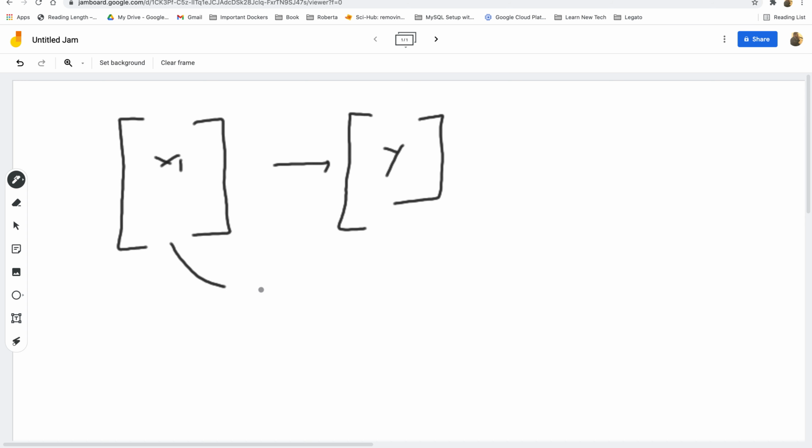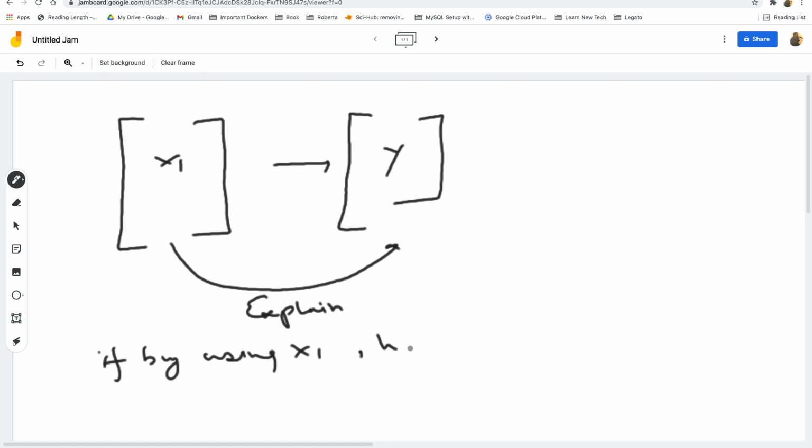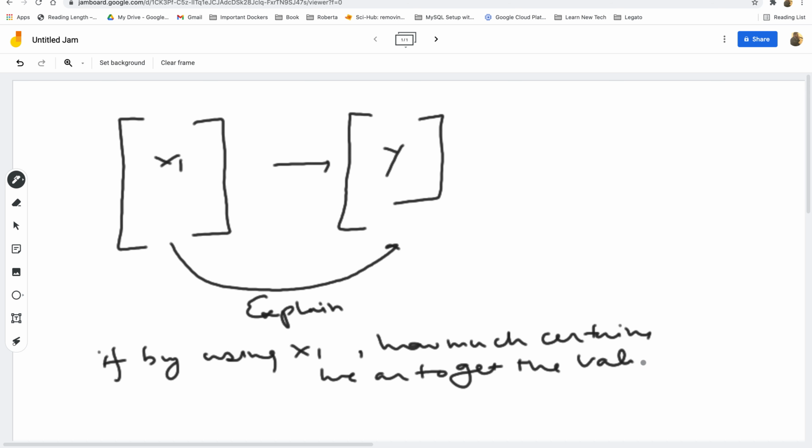If x1 is able to explain the values in y, that is, by using x1, how certain we are to get the value of y, that is what is talked about in the mutual information score, also called information gain.